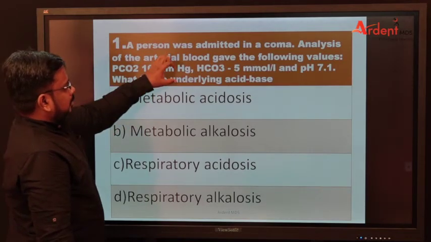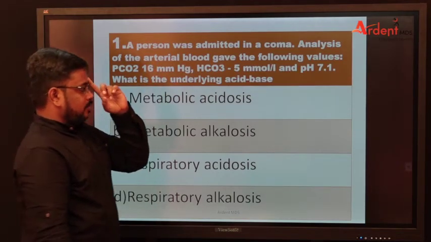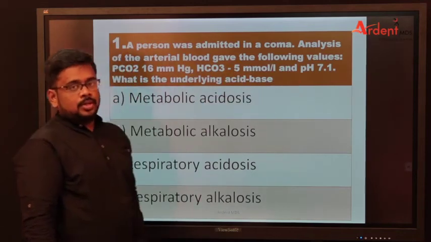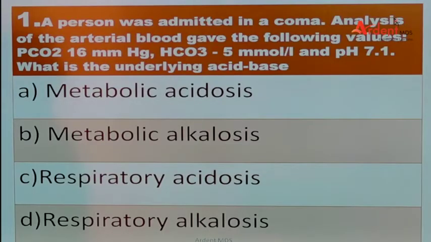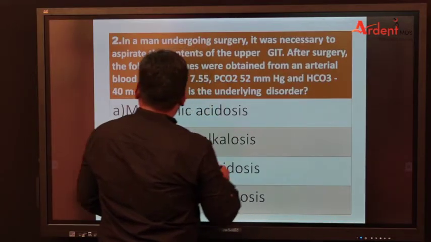Coming to this first MCQ. Whatever the question given to you, your eyes have to first go to the pH. So the pH is 7.1. What is the normal pH?